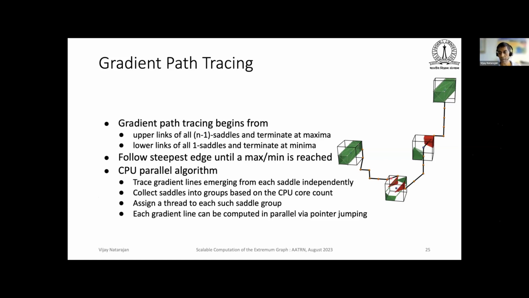Again, each such traversal can be assigned to a different thread and can be run on the CPU using a simple parallel computation. Now, in addition, each gradient line can also be computed in parallel via a technique called pointer jumping. This works if the number of gradient lines is large.